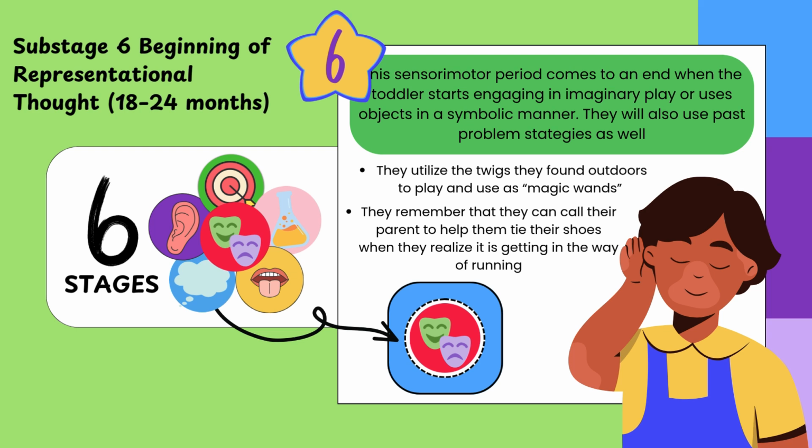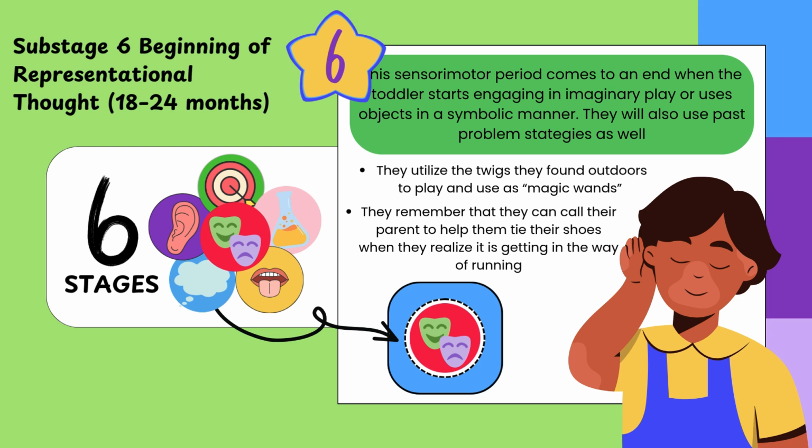So, substage number 6, the last one, beginning of representational thought. This happens between 18 to 24 months. This sensorimotor period comes to an end when the toddler starts engaging in imaginary play or uses objects in a symbolic manner. They will also use past problems and problem strategies as well.